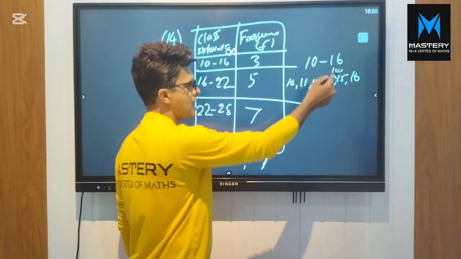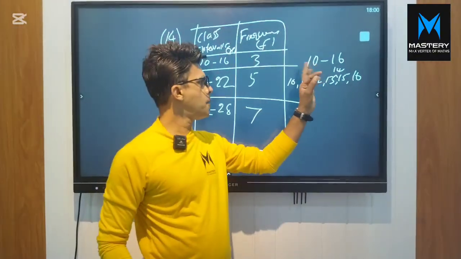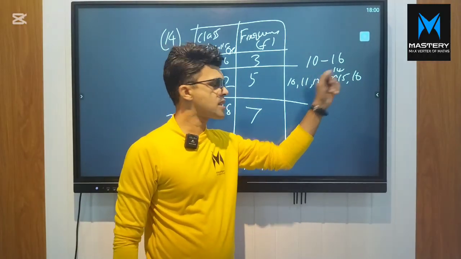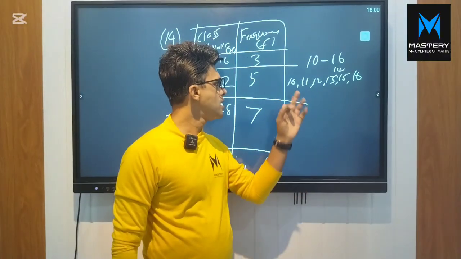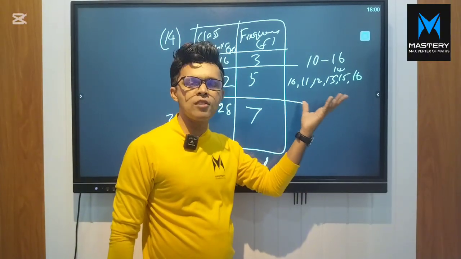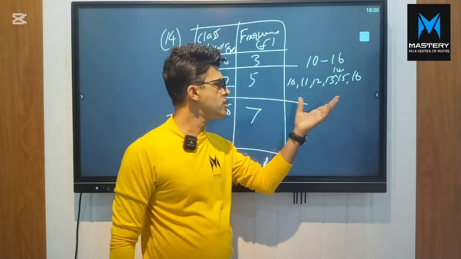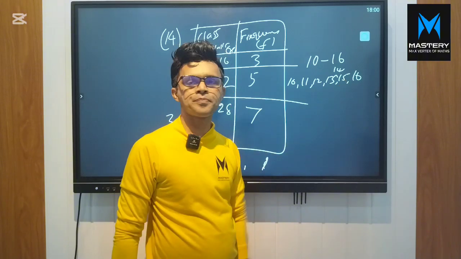So including 10 and 16, it takes these values. Class size generally means how many values are related with this class. Then you could see 7 values: 1, 2, 3, 4, 5, 6, 7.